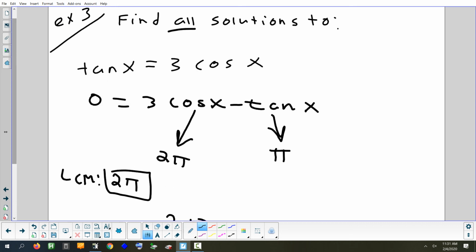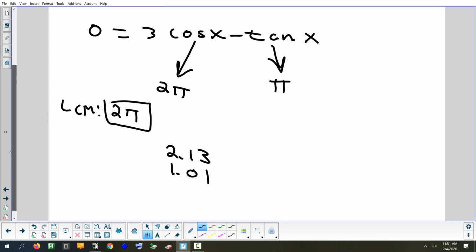They said all. You found 2. So what do we have to put on those to represent all? Emily? Yeah, plus your LCM, which is your period, times n.